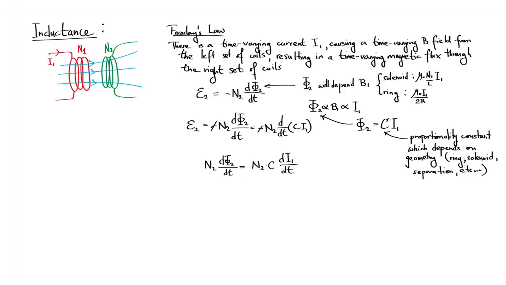Since these are both time derivatives, I can cancel out my d by dt's, or I can just integrate, if you will. So then what I get is that N2 times phi 2 is going to be equal to this thing, that's a constant. I'll call that M21.